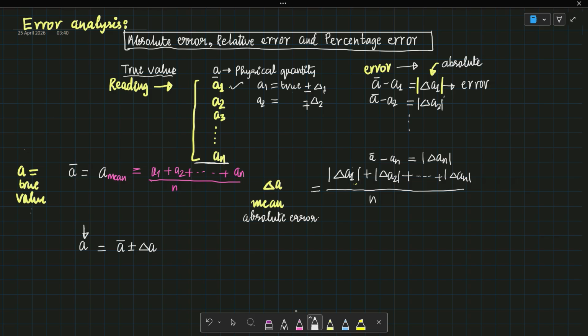We represent it by its mean value and its mean absolute error.